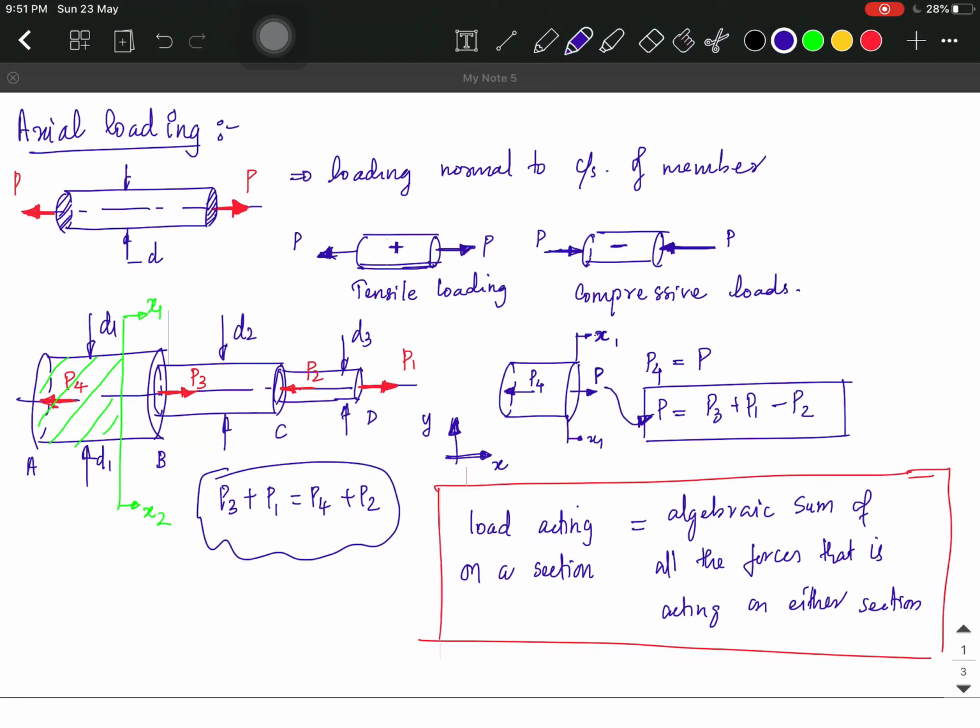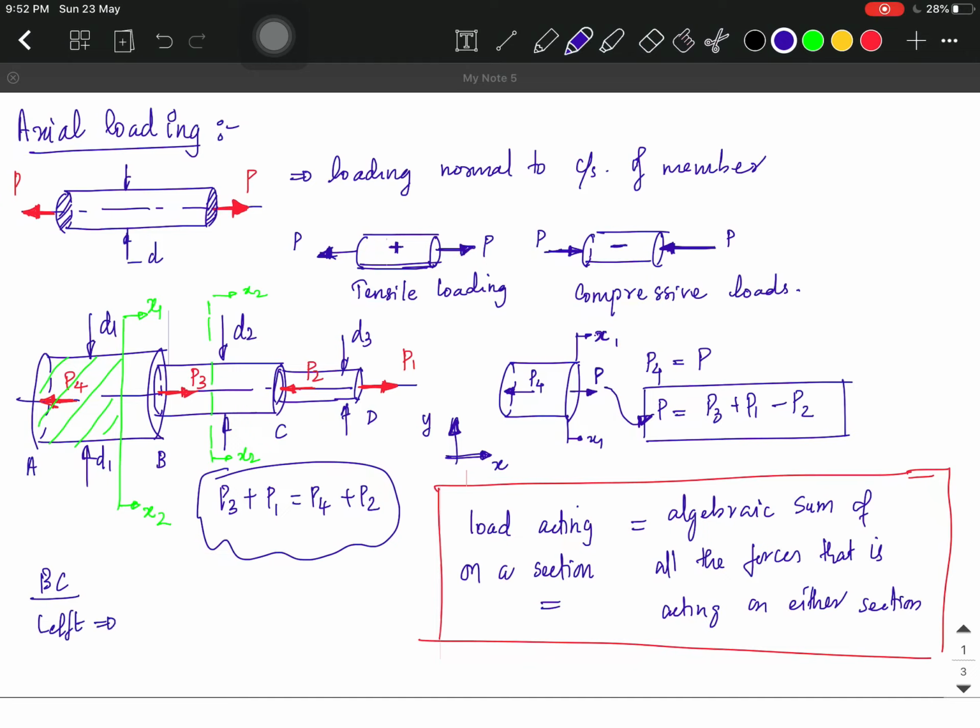If we consider the BC section, let's draw a section line like this, X2. Using this equation, we can write that the load acting on the member BC is equal to the algebraic sum of all the forces acting on either side of the section.